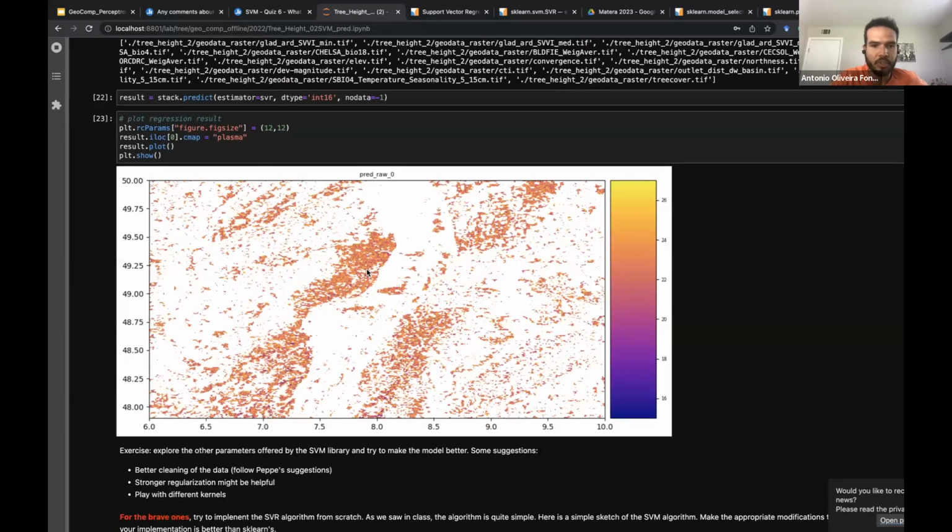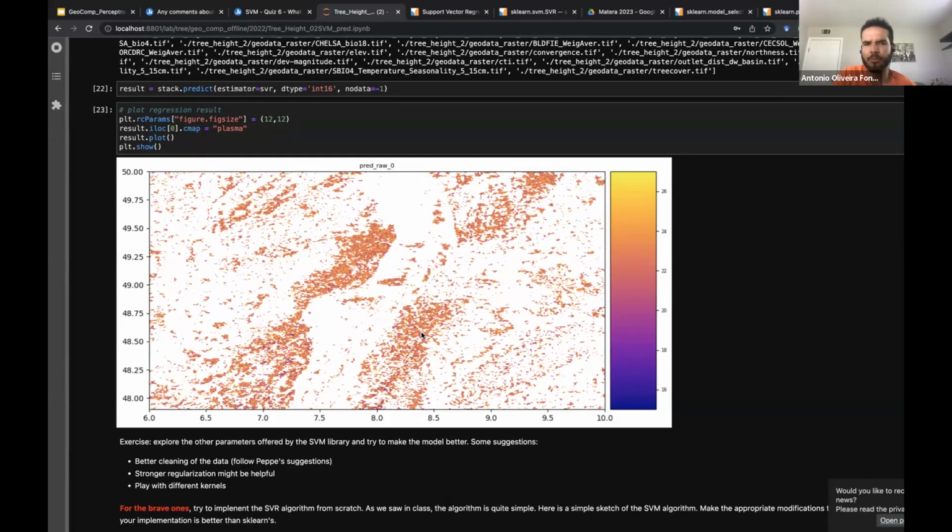So that's essentially the prediction that you're getting using this approach, brought back to a map prediction. What you're observing in orange would be higher trees for this specific location in the map. I don't see many blue points though, which would be representing shorter trees, but you can see roughly the location of these trees.